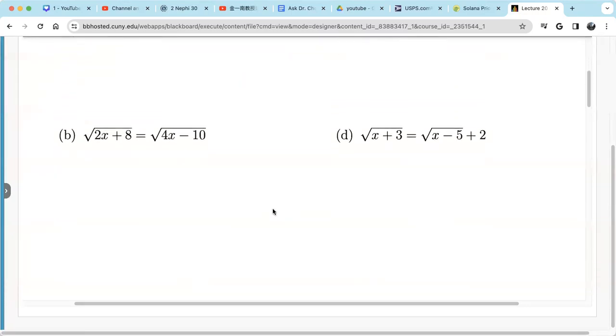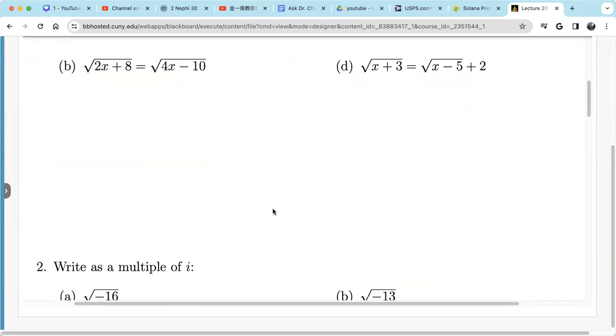Now let's move to B and D. For B, we see the left-hand side is a square root, and the right-hand side is a square root. So we just square both sides. 2 over 2 becomes 1. So we have 2x plus 8 on the left-hand side and 4x minus 10 on the right-hand side.